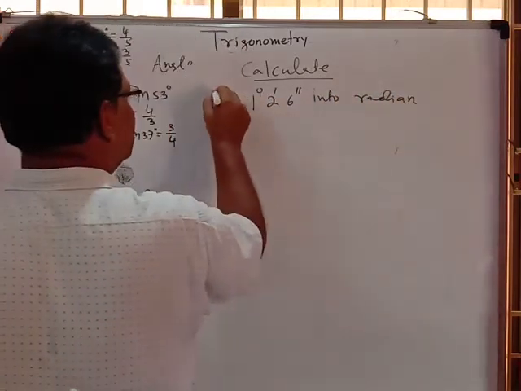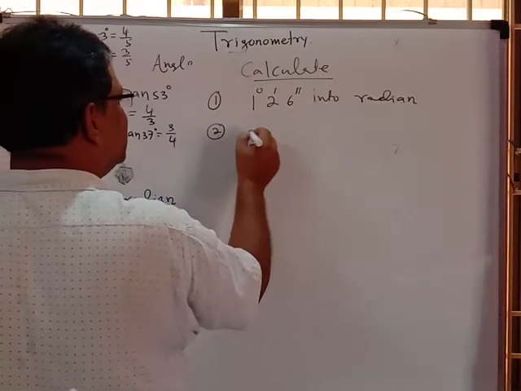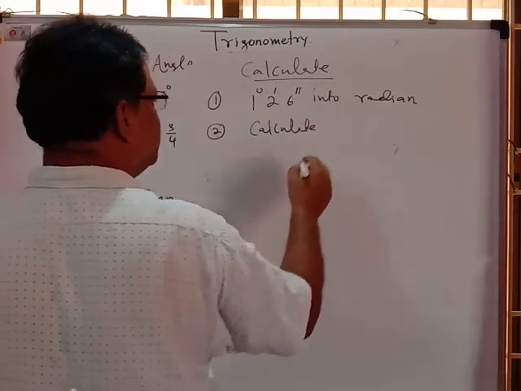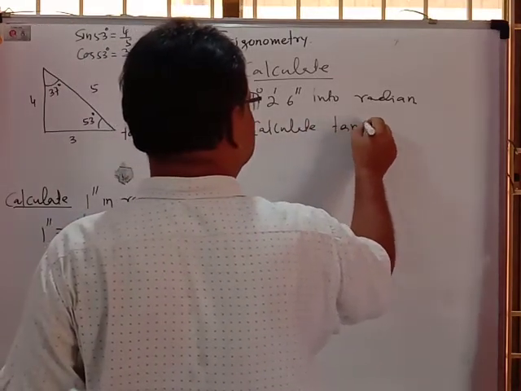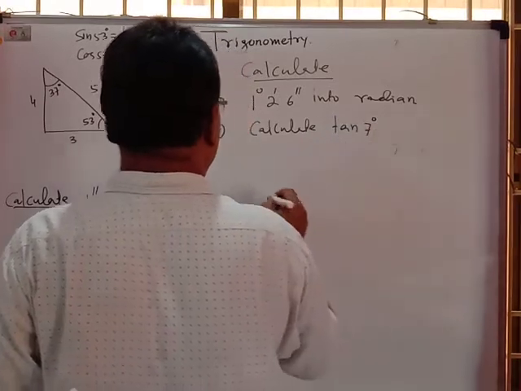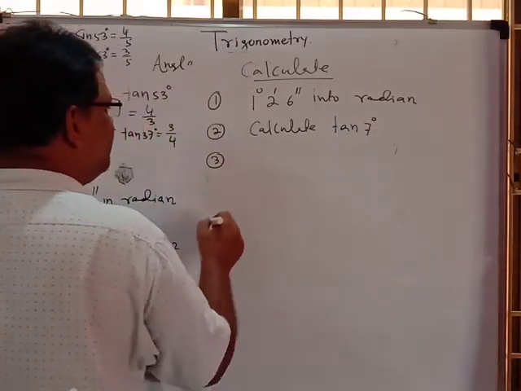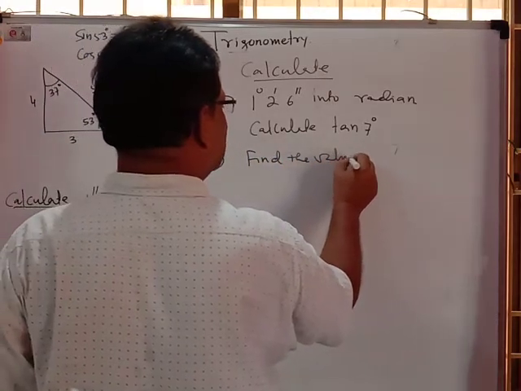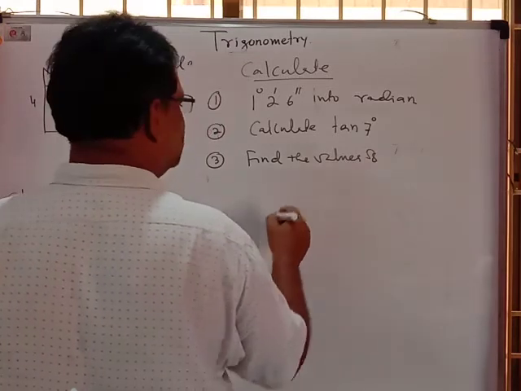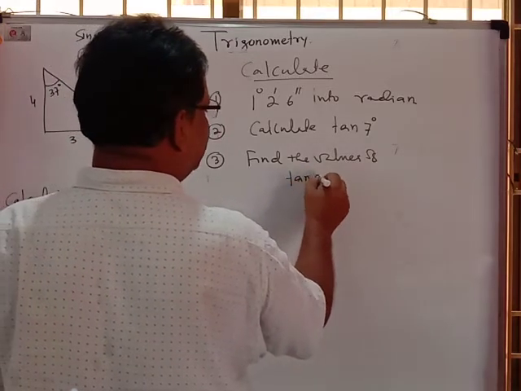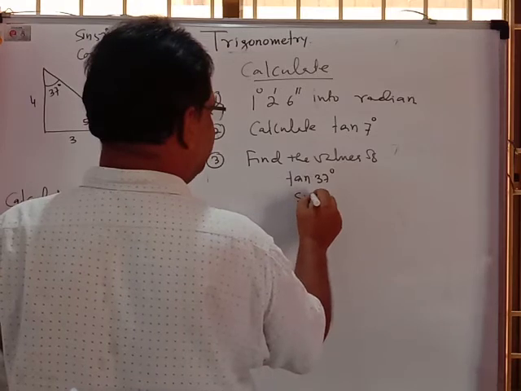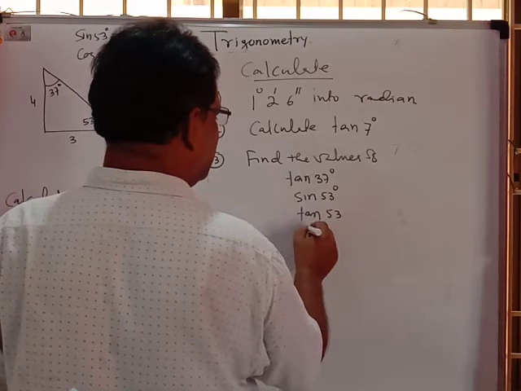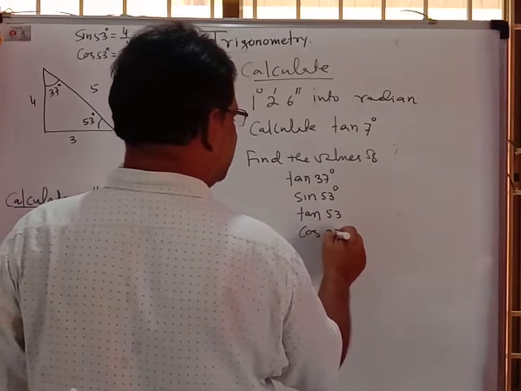This is one question. Question number 2: calculate tan 7 degree. Question number 3: find the values of tan 37 degree, sin 53 degree, tan 53 degree, cos 37 degree.